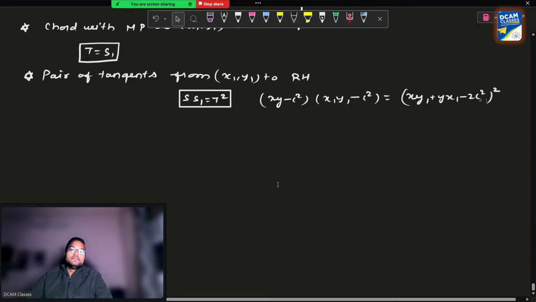Pair of tangents. All the formula part is over.